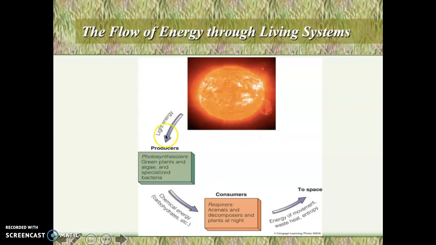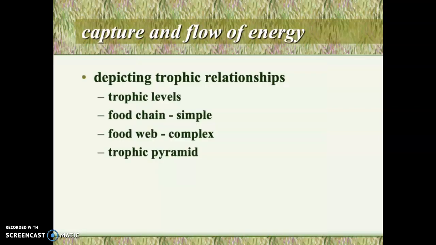Energy from the sun, light energy, is then used by the photosynthesizers, which include plants, but also algae and some specialized bacteria, which are very often referred to as blue-green algae. They store the food, which the rest of us can then consume, and then we release that energy back into the environment when we are done with it. So we can trace this, and I'm not going to show you a whole bunch of diagrams, but there are different levels in this system.